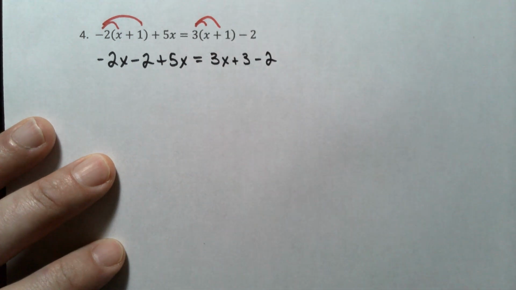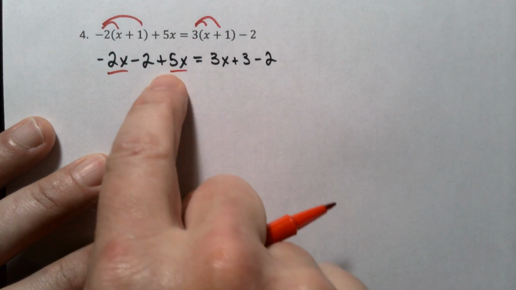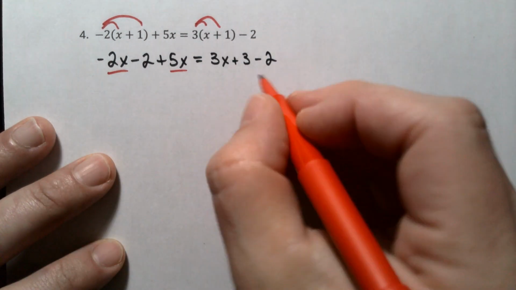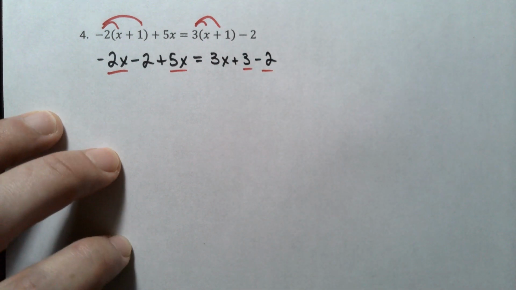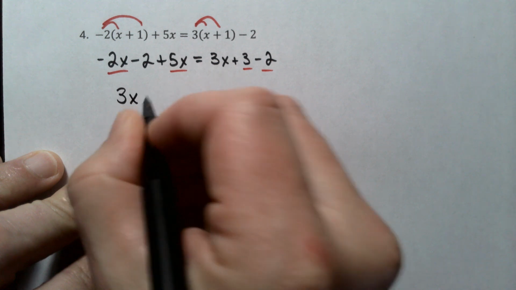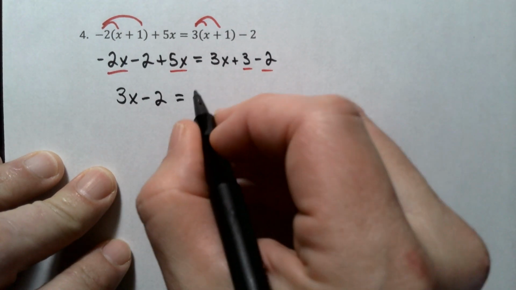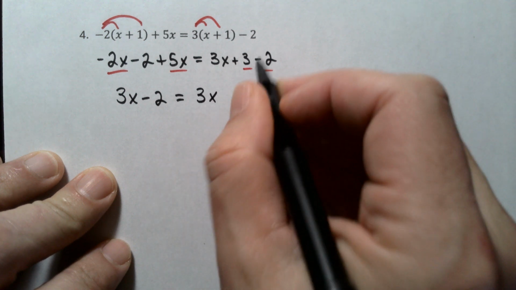And then minus 2. All right, so over here, I'm going to combine those two x's. It's 5x minus 2x. And then over here, I'll do the 3 and the minus 2. Okay, so 5x minus 2x is 3x. There's the minus 2. Okay, equals, and then over here we have 3x, and then that's going to be plus 1.